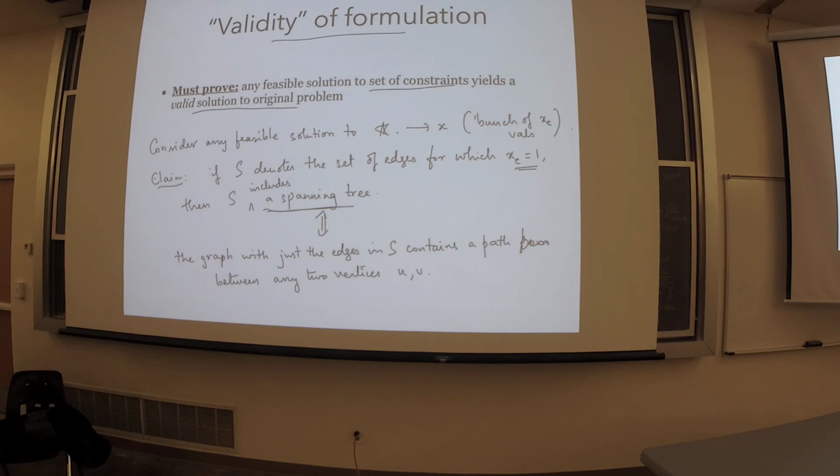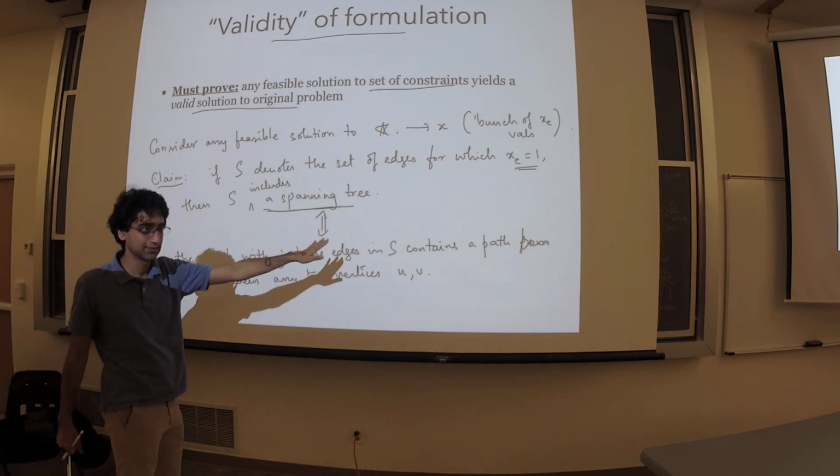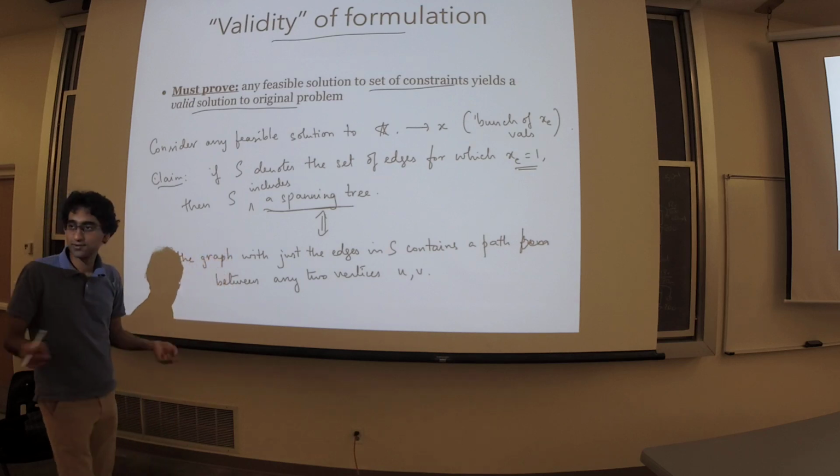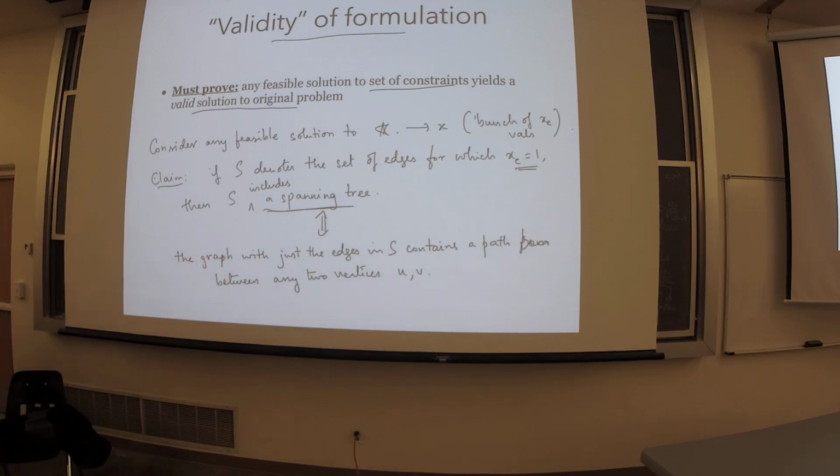It's the same as saying that. I just rephrased it so that it looks nice. Okay, so if you just look at the graph with the edges in S, then you have paths from every vertex. And this you can now prove by contradiction.